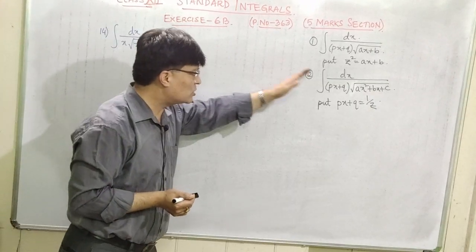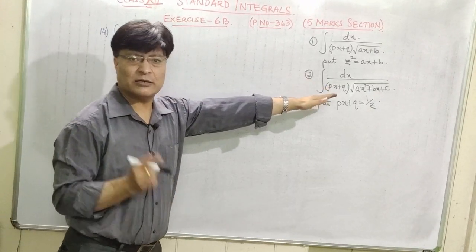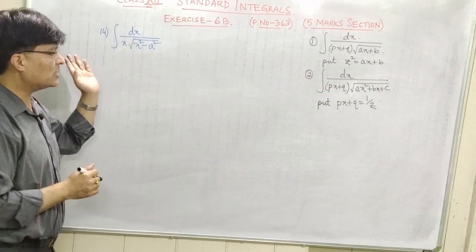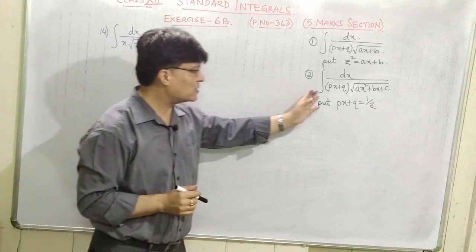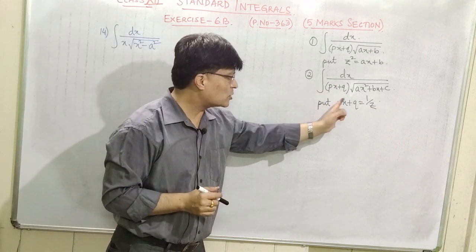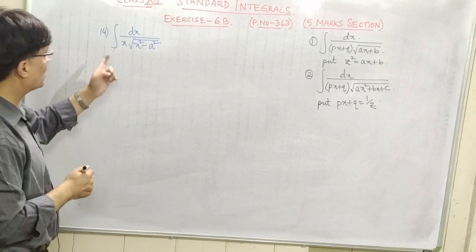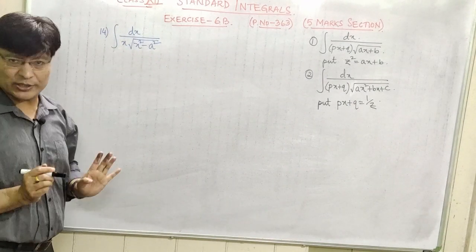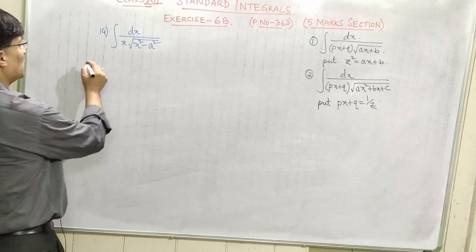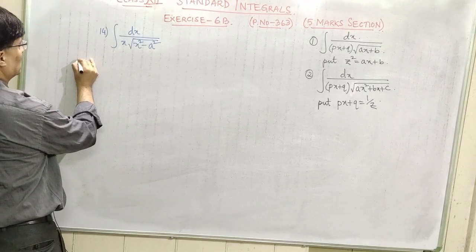So we can use this method number 2. In method 2, px plus q was assumed as 1 upon z. Now in this case we have to assume x is equal to 1 upon z.